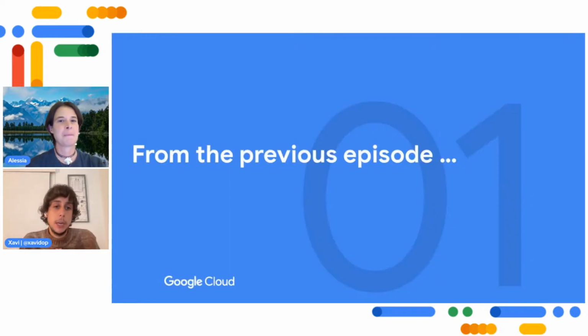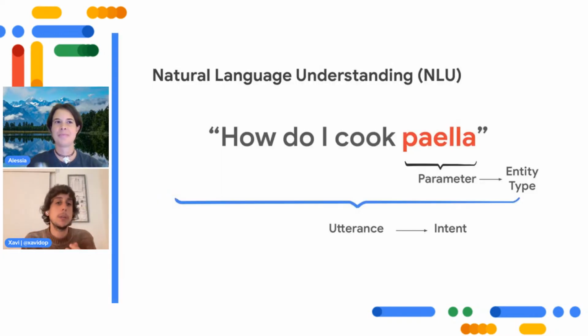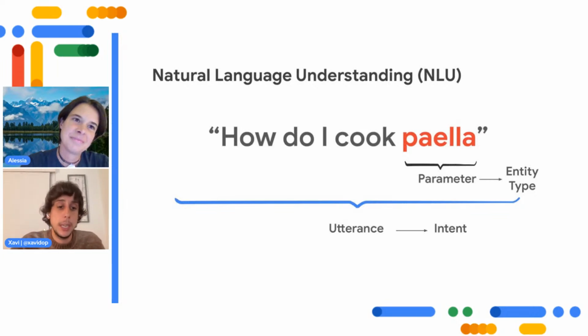First, from the previous episode, just a super quick recap. In the previous episode, we introduced NLU, natural language understanding, which is how in the conversational AI world we can extract information from all the user requests, for instance, in this case, how do I cook paella? How can we extract that information in order to understand our users and to flow in our conversations? That was natural language understanding.